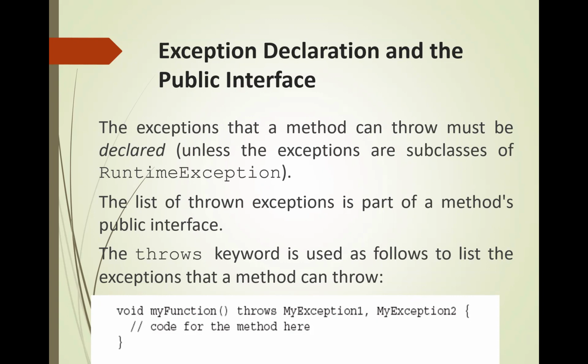Therefore, you need to declare in the method interface that this method may throw exceptions. The throws keyword is used to list the exceptions that a method can throw. Remember, if there is no matching try-catch block to handle the exception, the exception is propagated down the stack, and if no handler is available, it will throw an exception.